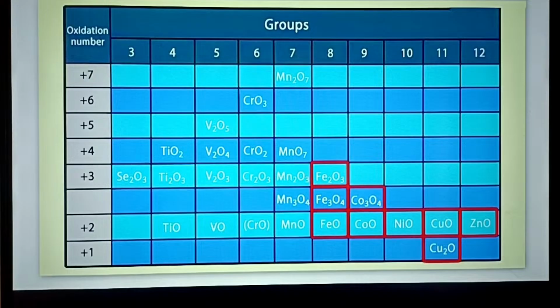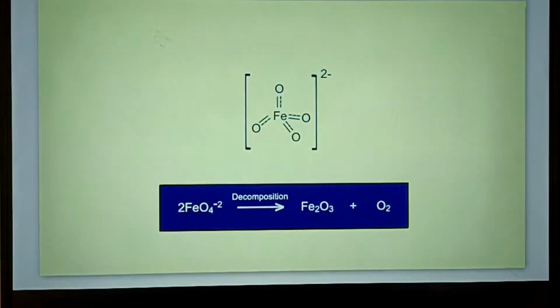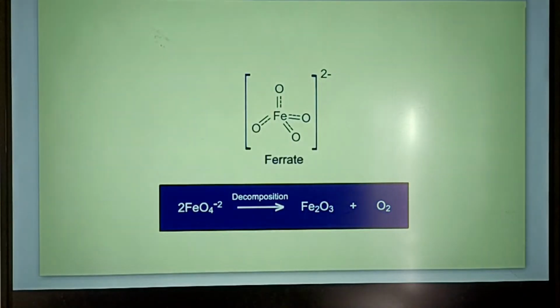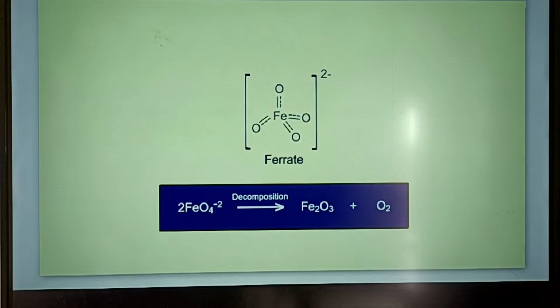For example, the only stable higher oxide formed by iron is iron(III) oxide. Although iron forms ferrate in alkaline media in which iron is in +6 oxidation state, it readily decomposes into iron(III) oxide and oxygen.